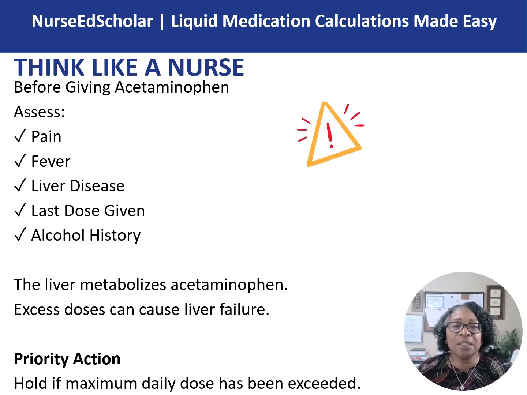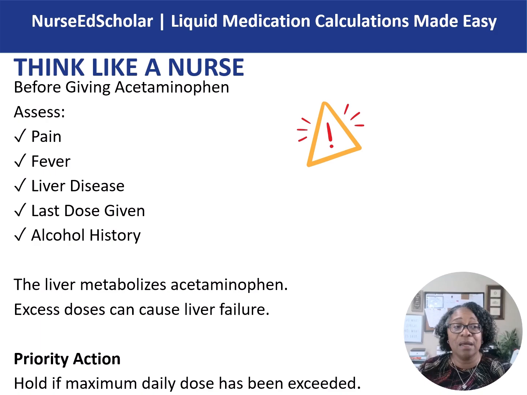So one thing about acetaminophen, the brand name is Tylenol. Before you give it, you're going to assess your patient's pain. You're going to assess their temperature, see if they have any allergies, see if they have any liver disease because acetaminophen is metabolized in the liver, and if you have liver problems, it could cause liver failure.